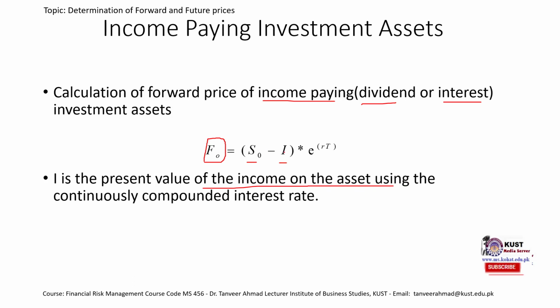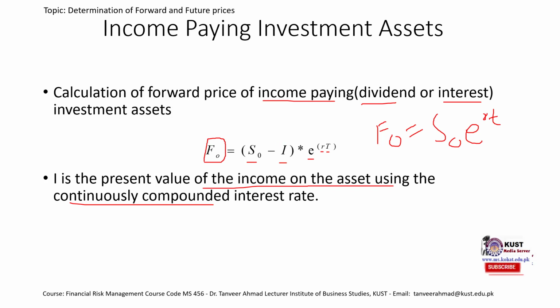But we have to find the present value using the continuous compounding method we discussed in the previous lecture, multiplying by e, which is a constant term, raised to power r, which is the risk-free rate, and T, which is the time period. So in the previous lecture, we used this formula, F naught is equal to S naught into e raised to power RT. But now we are going to deduct the present value of the income.